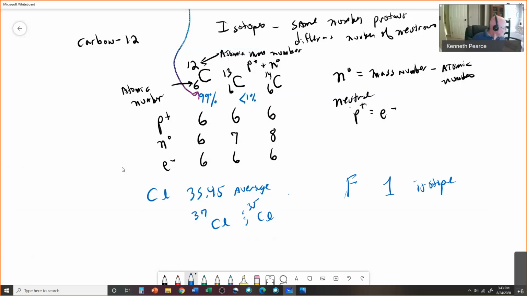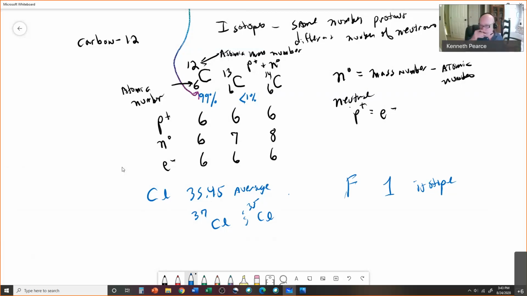Okay. And so if you want to find the average, you just look up the isotopic abundance and add them up. It's an intellectual exercise, but it's not very practical, because you just look it up. It's on the periodic table. That gives you the average.